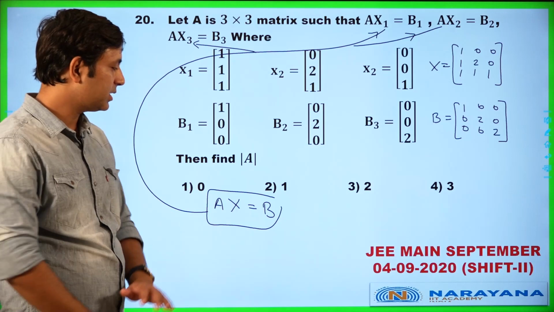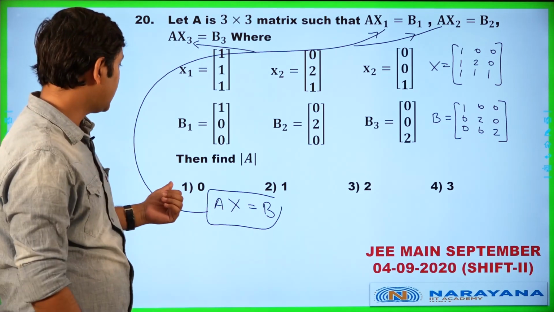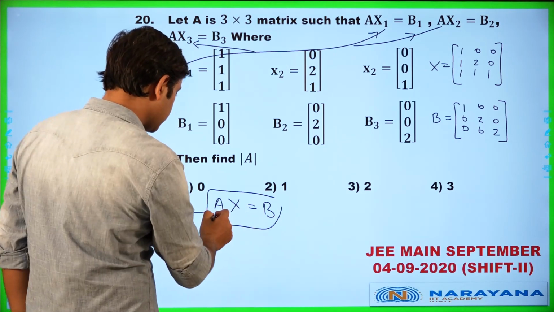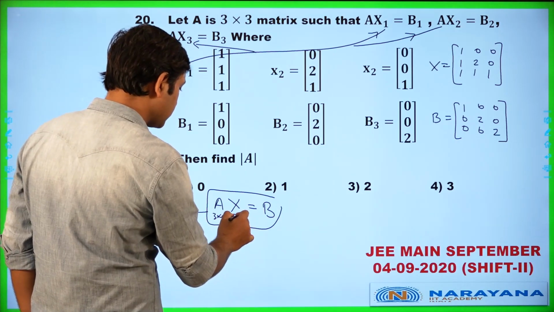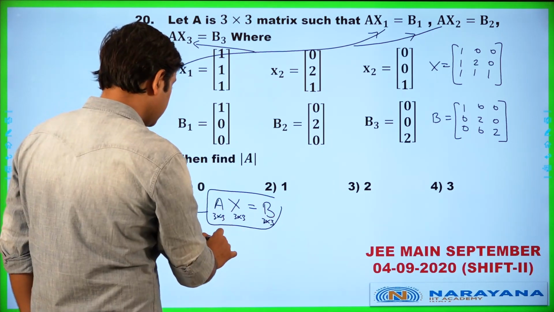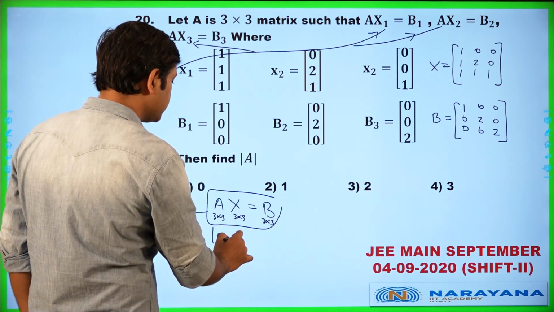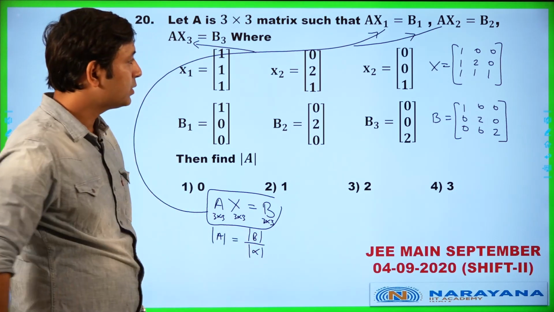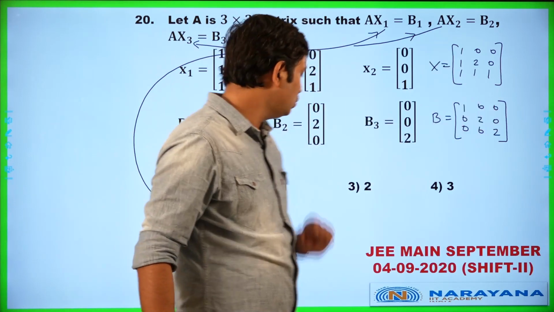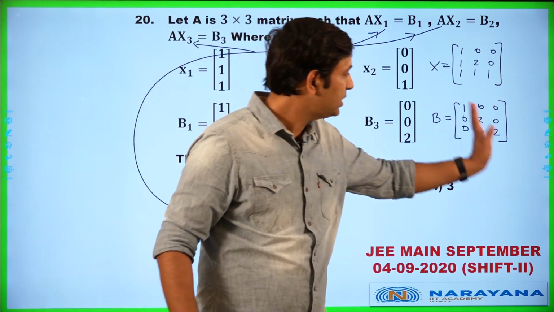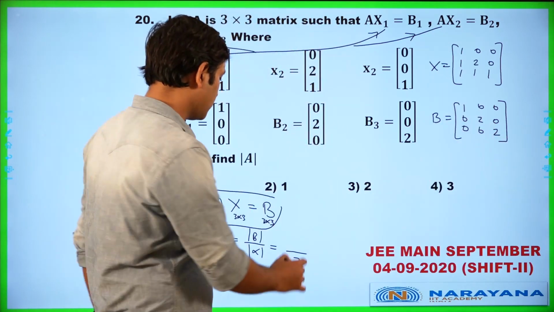Using that, we need to find the determinant of A. We'll take the determinant of both sides. This is 3 cross 3, this is also 3 cross 3 and this is also 3 cross 3. Taking the determinant, the determinant of A is equal to determinant of B upon determinant of X. Notice that the determinant of X is 2 and the determinant of B, the product of the diagonal elements, is 4.